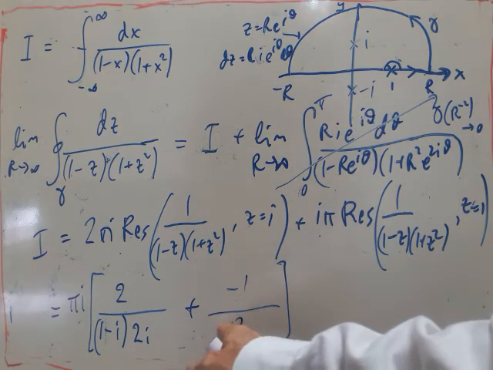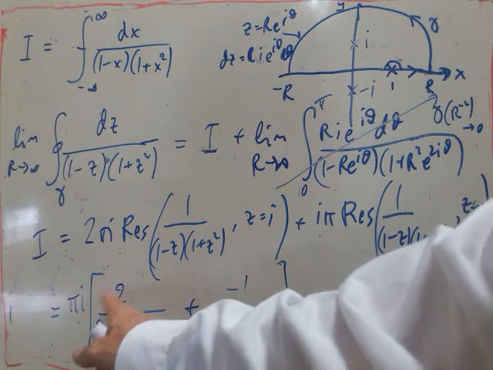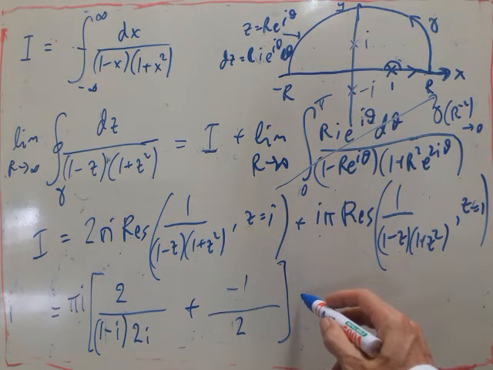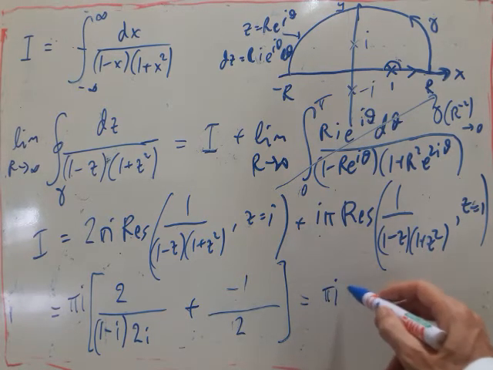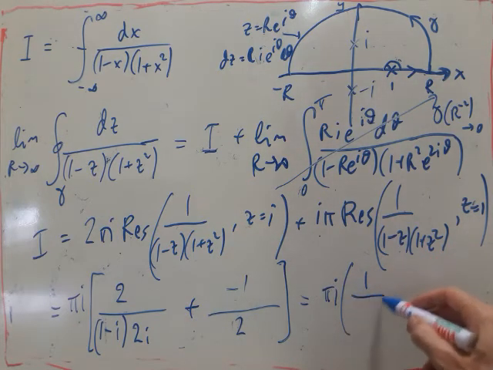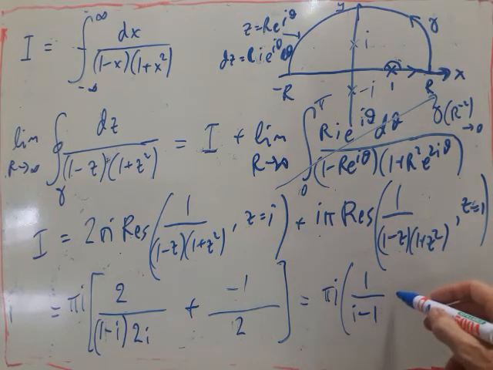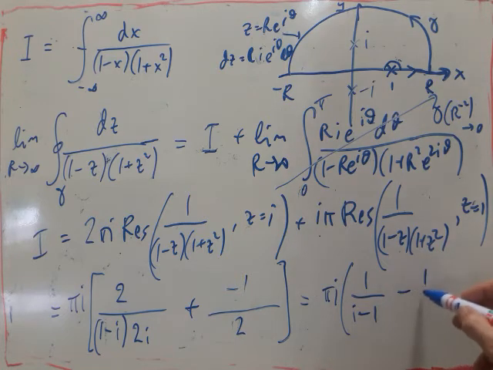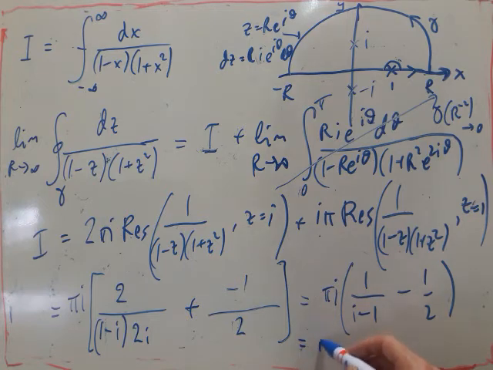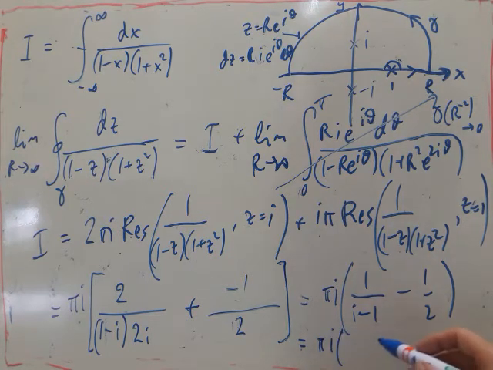So hopefully I'm going to get something which is purely imaginary inside. So let's see, what do we get? I've got 1 over i minus 1, minus a half, and that gives me, multiplying top and bottom by minus i minus 1.